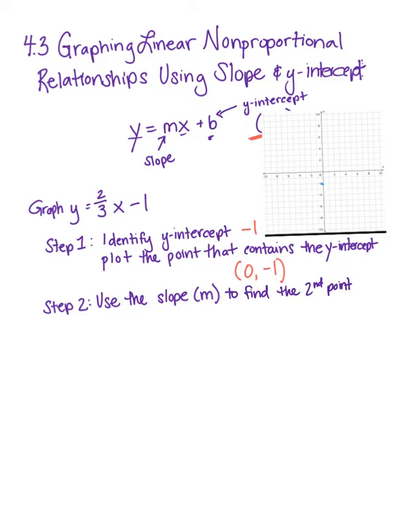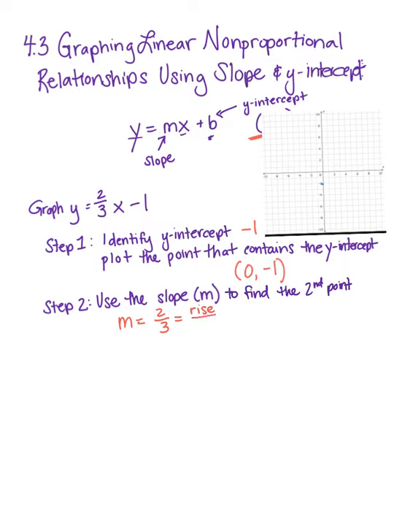Okay, so our slope, in this example, m equals 2/3. And remember, I told you not to freak out about that fraction because when we're talking about slope, 2/3 equals rise over run.